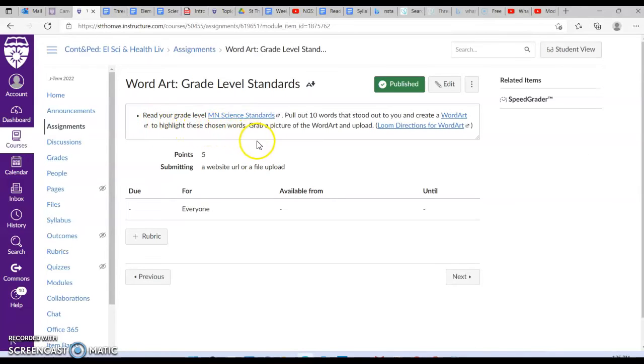Read your grade level science standards, and I want you to do this with the 2019 standards. Pull out 10 words that stood out to you and create a word art to highlight these chosen words. Grab a picture of the word art and upload. If you're not quite sure what it is, you can click on these links here, and then you'll upload this.